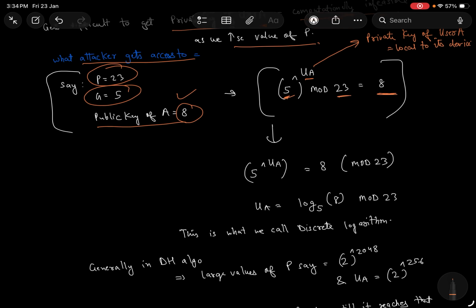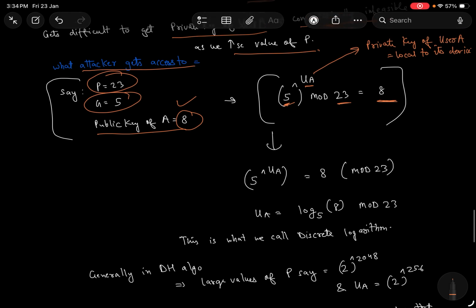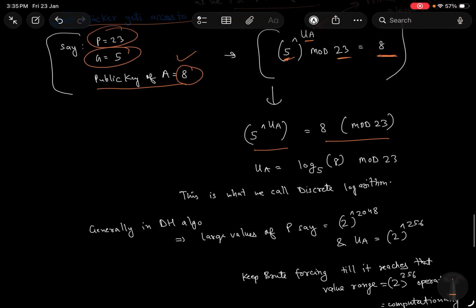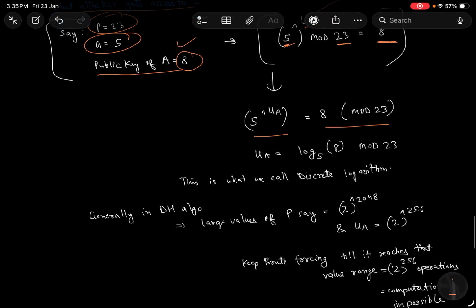So this becomes 5 to the power of the private key. What if the attacker, with all these values, is now trying, say via brute force, to guess and reach the value of the private key of user A, or UA? We'll get 5 to the power of UA equal to 8 mod 23, and then UA becomes log 8 to the base 5 mod 23.